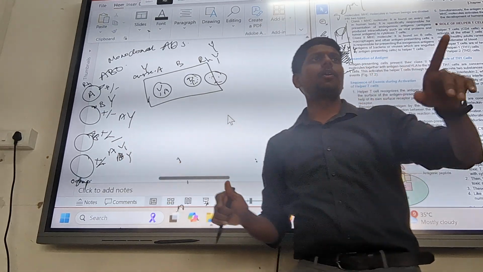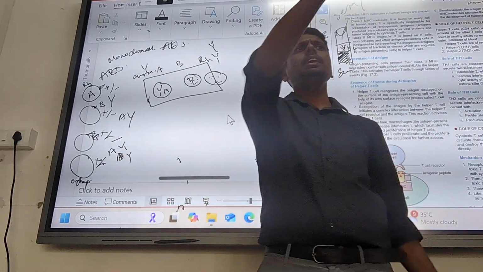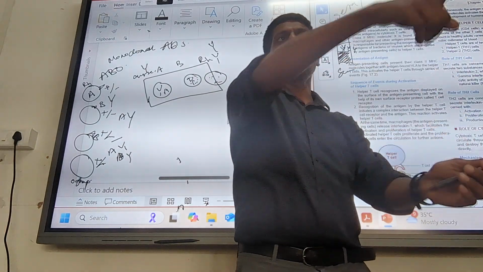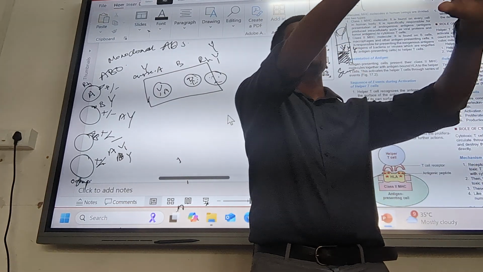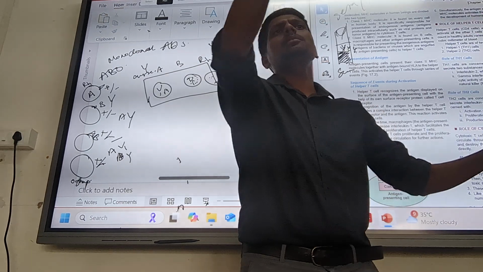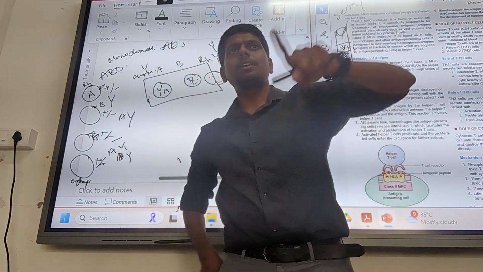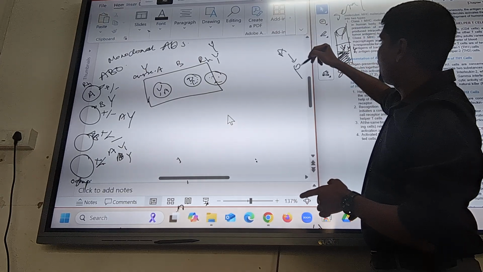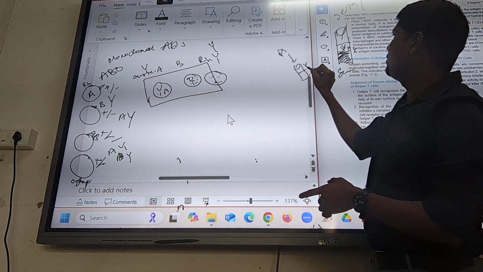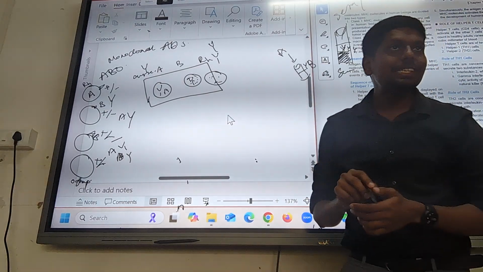Clear? Now, let us assume he is an A group. I have taken his blood in a test tube and I centrifuged it. I got a serum. In the serum, what antibodies are present? I said he is an A group individual. I took his serum. This serum will have B antibodies.